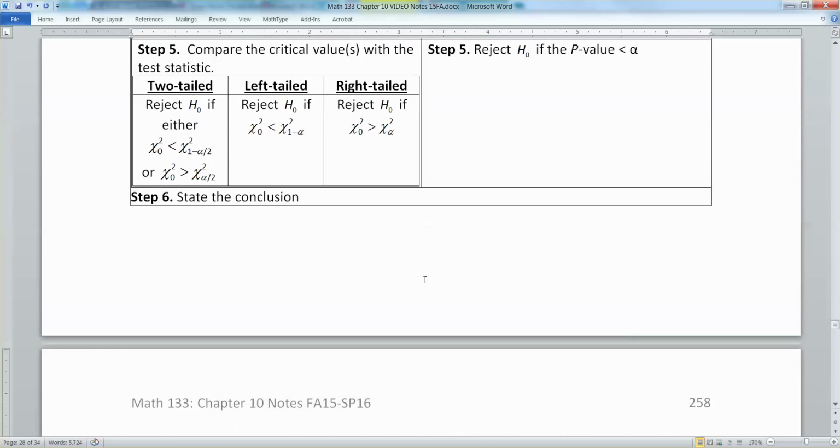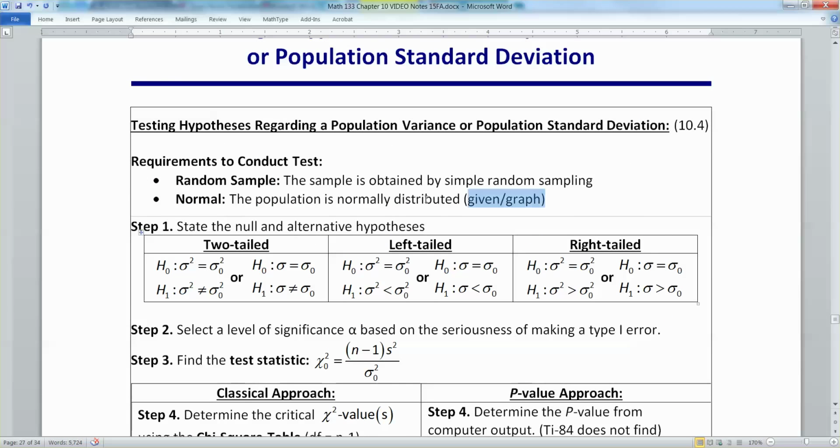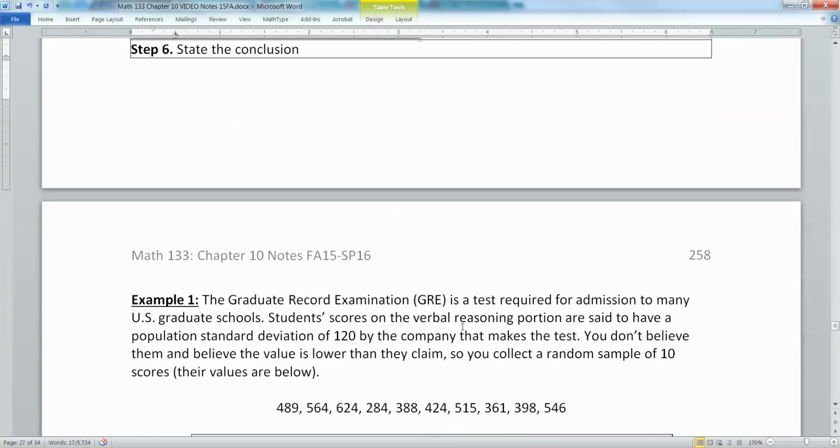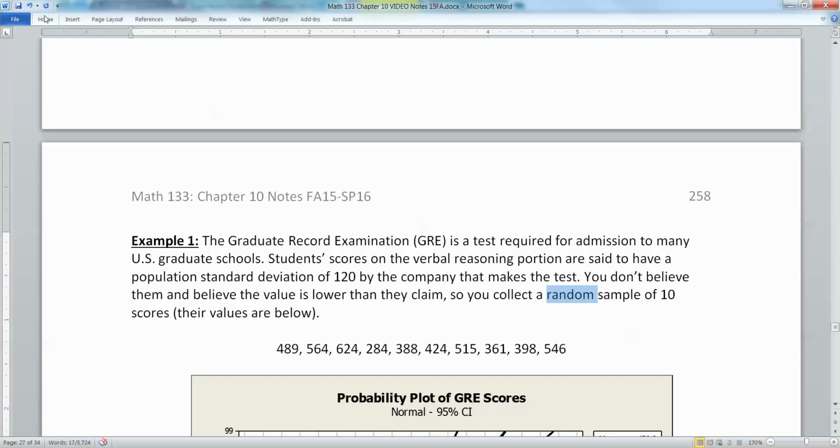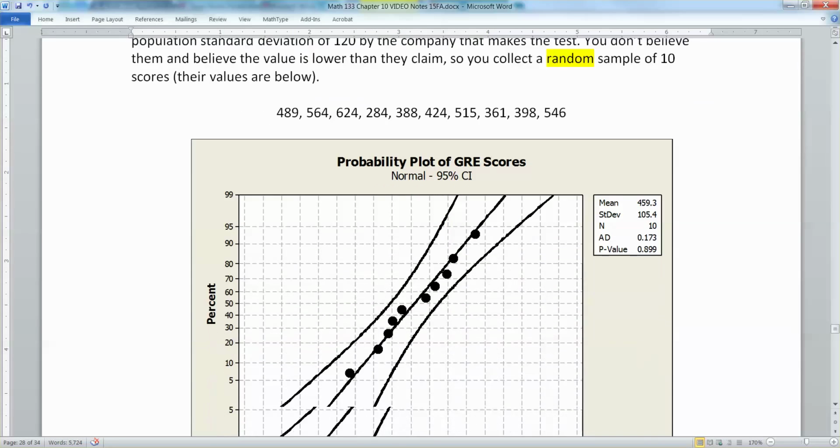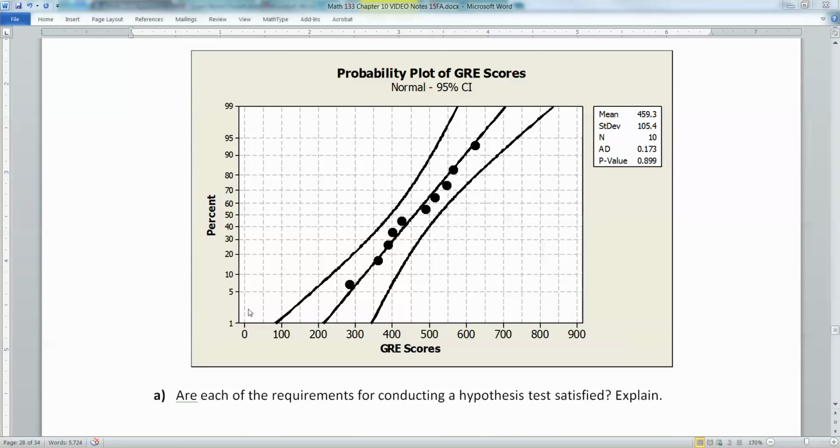Well, if I scroll back up to the requirements, we can remind ourselves that there's only 2 of them, which is kind of nice. You have to have that it's a random sample, and then you have to have that it's normally distributed. But we have both of those things because it says in the problem right here that it is random, right? It's a random sample. And then it's normally distributed because the probability plot shows us that.